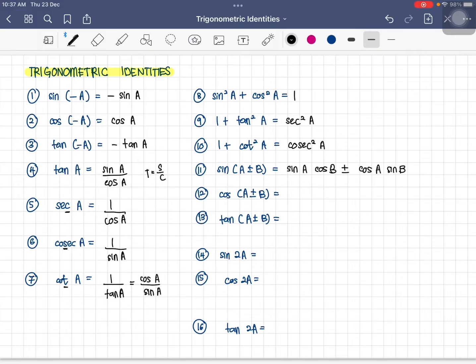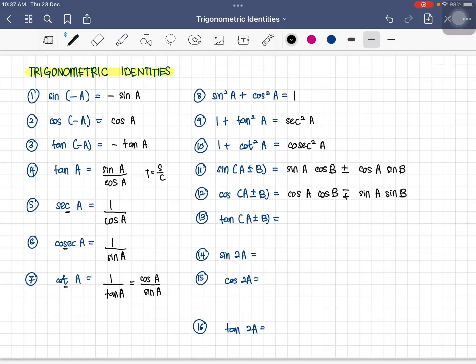But if you have cos of a plus minus b, this will give us cos a cos b. But if it is plus minus, we will have a minus plus. It means that if it is positive, then what will be negative, and if it is negative, that one will be positive. That will give us minus plus sine of a sine of b.